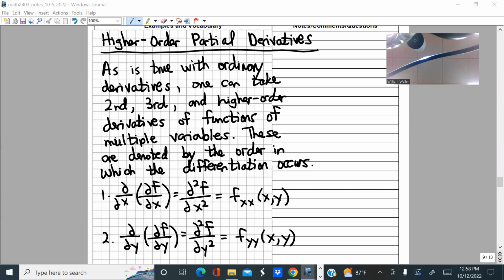Okay. Notice, so this is the old-fashioned notation. So notice in the old-fashioned notation, right, you get d squared f above dx squared, right? That has to do with how the notation is applied, right? When you're computing these partial derivatives. So this indicates a second partial derivative where we took the partial derivative with respect to x twice, right?